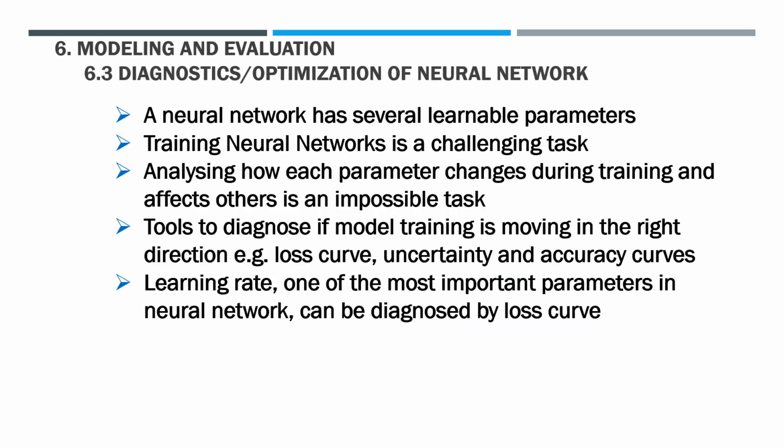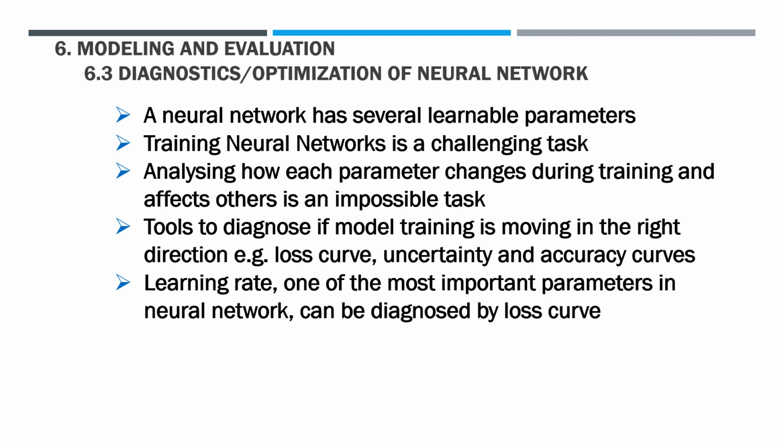A neural network has several learnable parameters. Therefore, training a neural network is a challenging task. The analysis of how one parameter affects other parameters, or how it impacts the training process, is almost impossible. But luckily, there are tools available that can help us to know if the training is moving in the right direction.